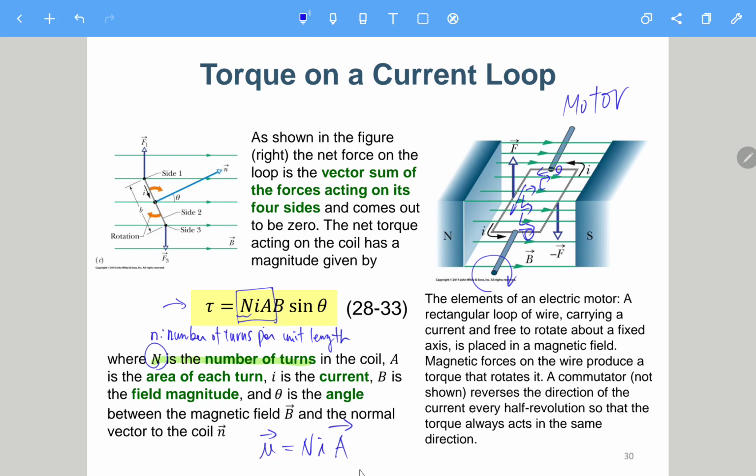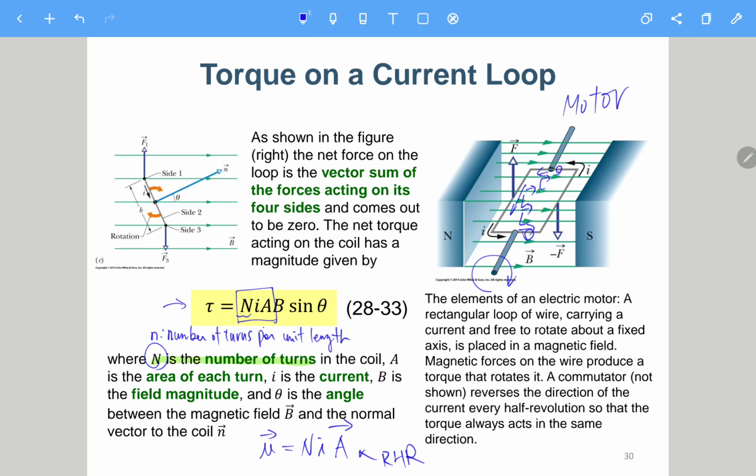How do we determine the direction? We also use the right hand rule. Suppose the current is counterclockwise. We use our forefinger to follow the direction of the current, and then the thumb will point to this side, which means the area is pointing in this direction.